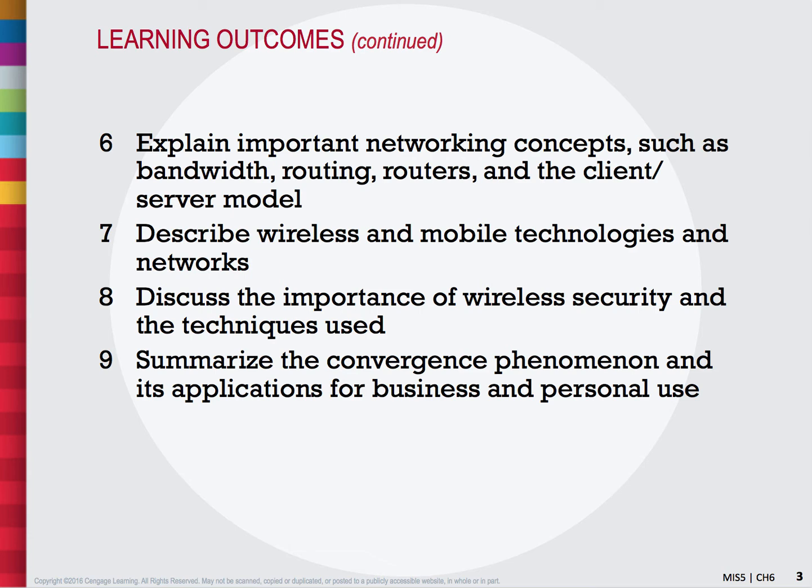And then finally, we're going to summarize the convergence between data communications for business applications and personal use. So we've got a lot to cover. I feel like we can cover this chapter in one part, but I am doubtful. So we may take 2 parts, but we'll make sure we get through the information in a way that helps demystify a little bit of what's going on in the book.